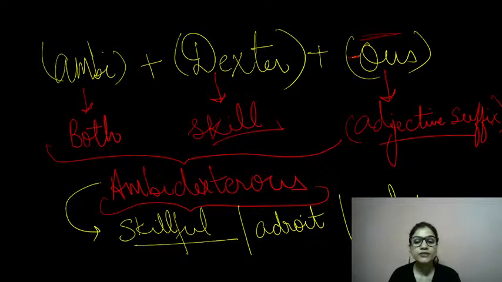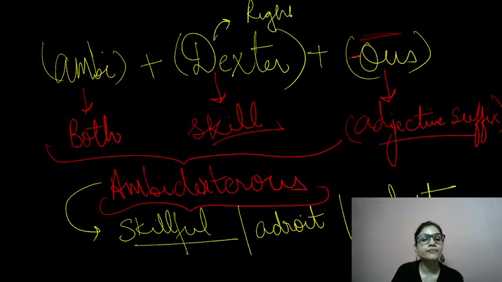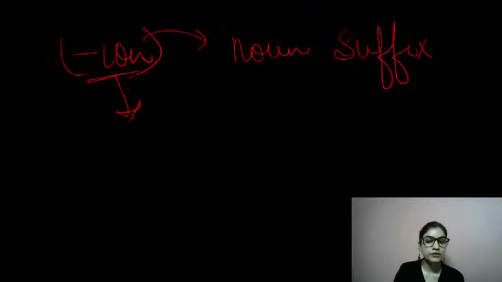So these are the words we have for the same word root. Ambidextrous is a person who is very skillful. The important point here is that dexter also refers to right hand.